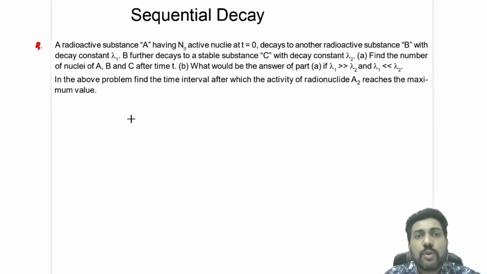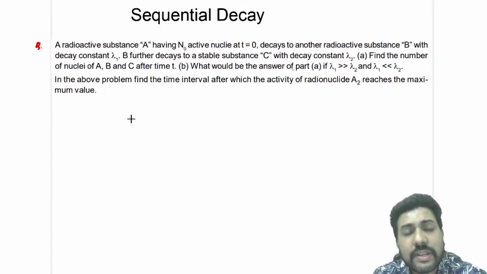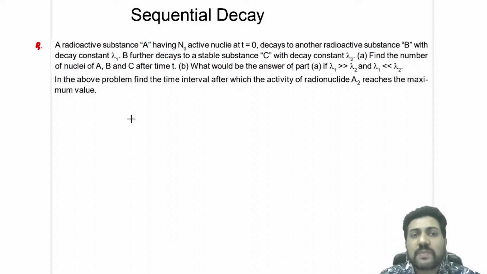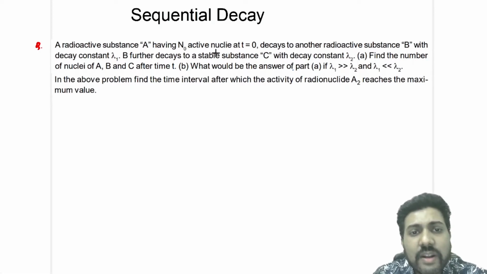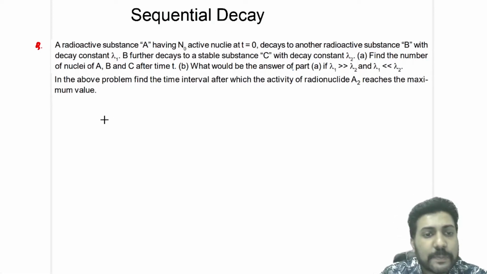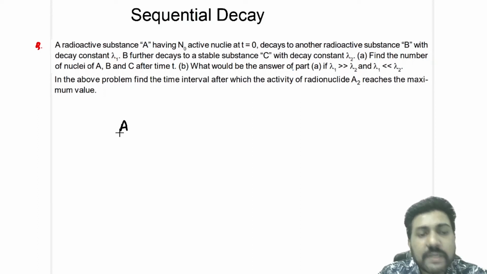Okay, so we will discuss the theory of sequential decay with this problem. A radioactive substance A has n naught active nuclei at t equal to 0.